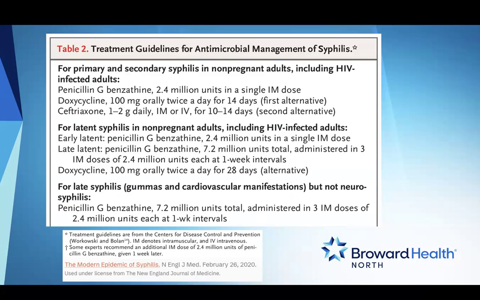If you cannot give it, but we prefer giving it with desensitization, there's also the option of doxycycline, 100 mg orally twice a day for 14 days. That's the first alternative, or ceftriaxone, 1 to 2 grams daily for 14 days, IM or IV.